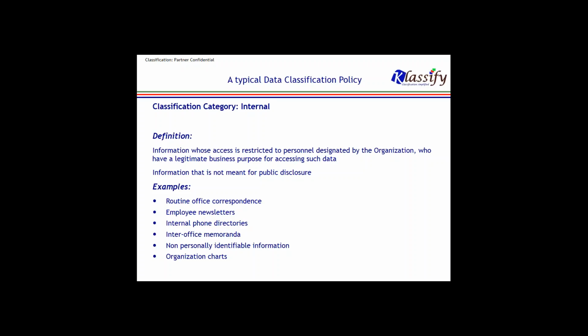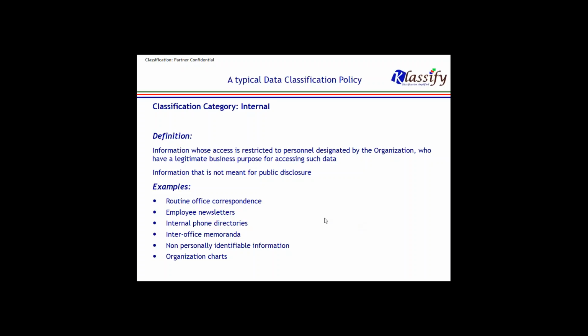There are multiple other examples that can be drawn up, but I wanted to make sure that we get some examples which will give you an understanding of what is created and produced by the organization but not meant for public disclosure. And these are the typical types of information that are categorized as internal to an organization.